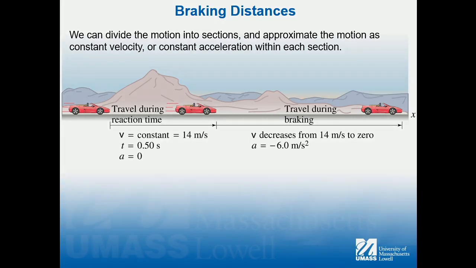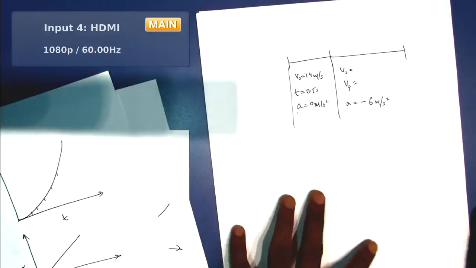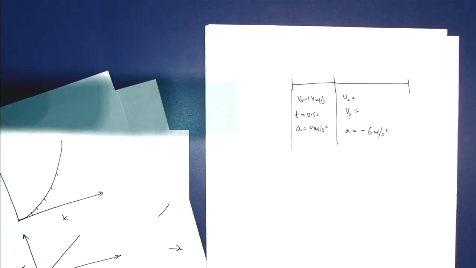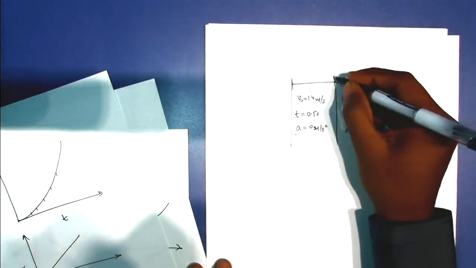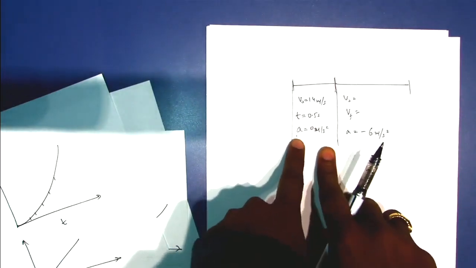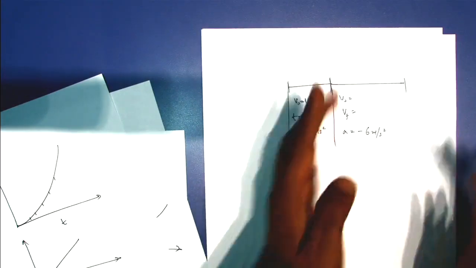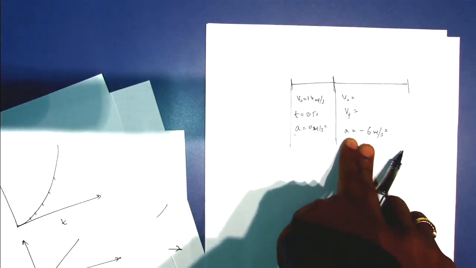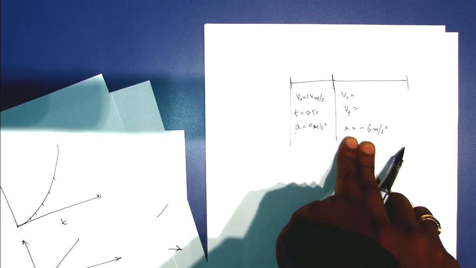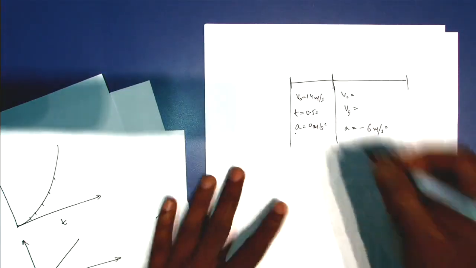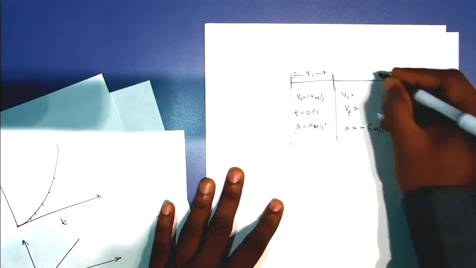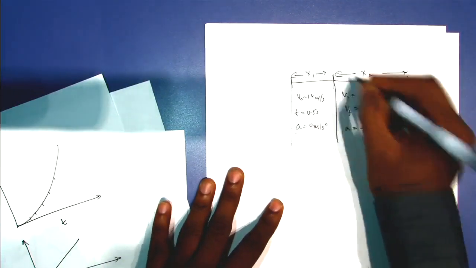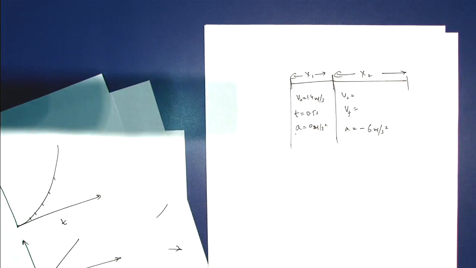This is kind of what I mean. During this distance, I traveled with a constant zero acceleration, and during this distance, I traveled with a constant non-zero acceleration. Everyone good so far? The total distance traveled is this guy, which I'll call x1, plus x2. The distance I traveled in my reaction time and the distance I traveled under braking.